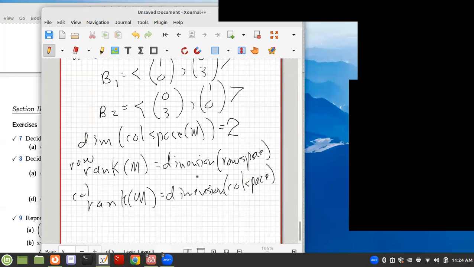But there's a theorem that says these two are always the same. So the row rank and the column rank are equal, and we just say the rank of M is either one of these. So the rank of M here equals 2.